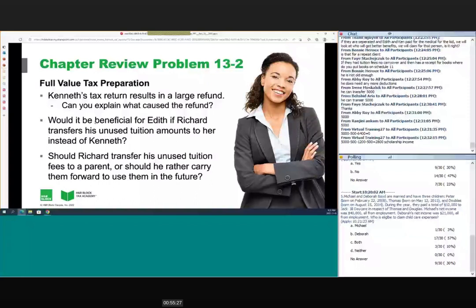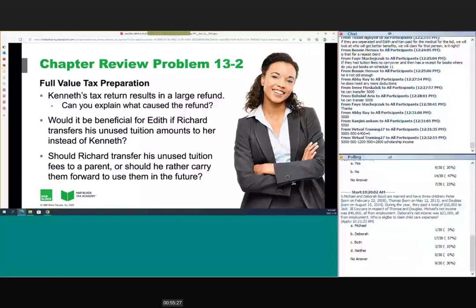So, the Tax Academy is telling us that Kenneth's return results in a large refund. Why do you think Kenneth would get a large refund? Based on what deductions and credits Kenneth can claim. We're not asking what the amount is, we just know he's probably going to have a good refund.